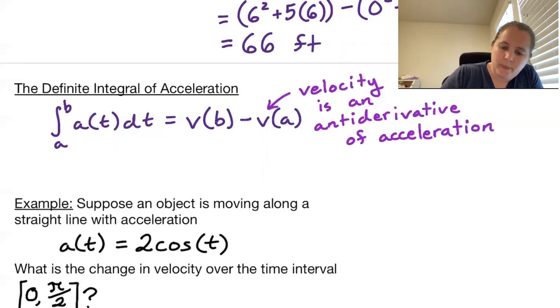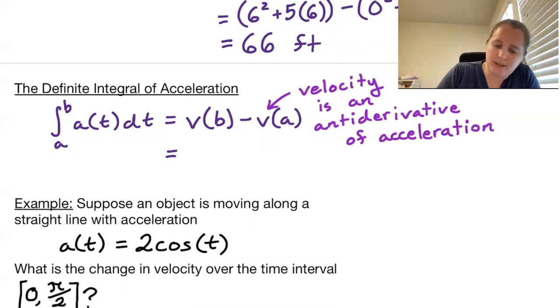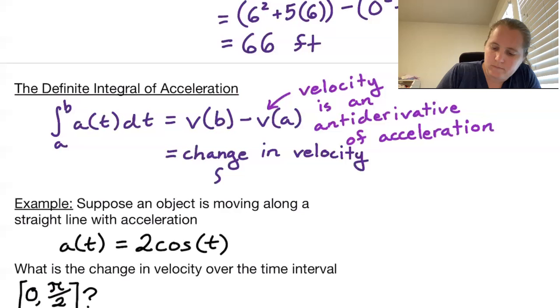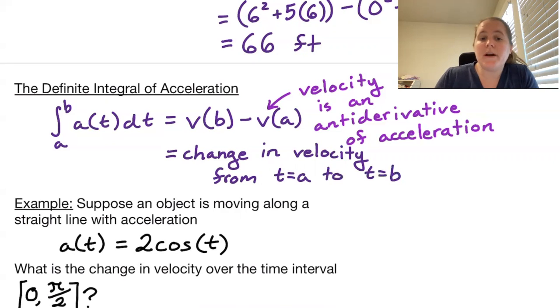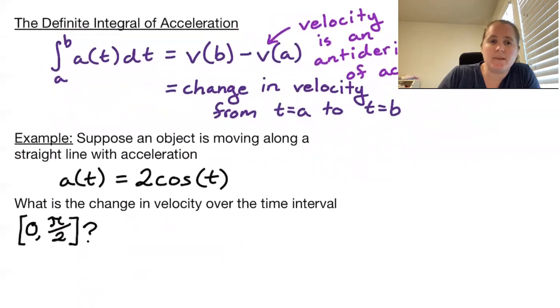So from here, essentially what we have, this is just the change in velocity from time t equals a to t equals b. So if we were asked to find the change in velocity over a specific time interval, we just need to find the definite integral of acceleration.